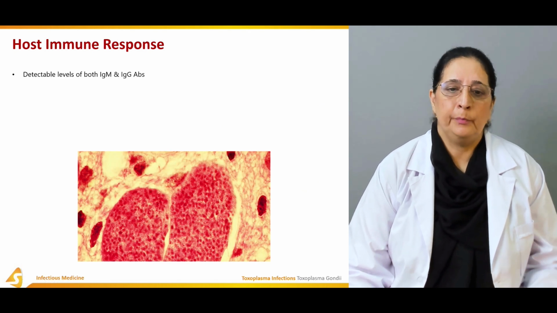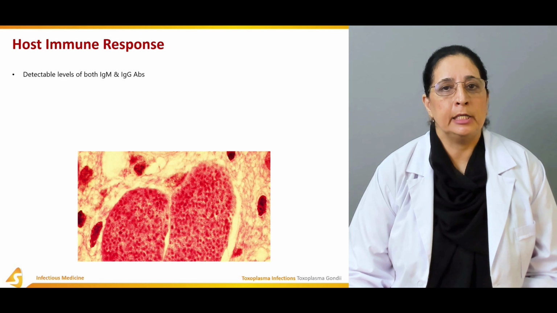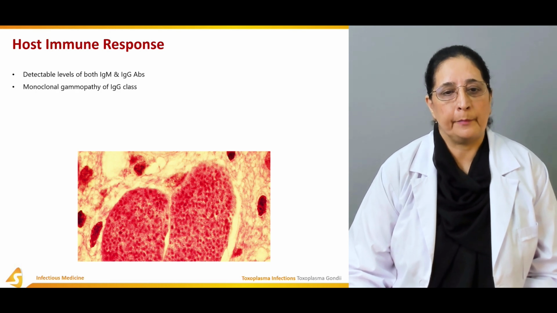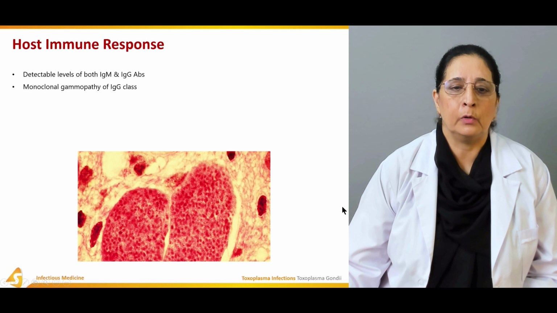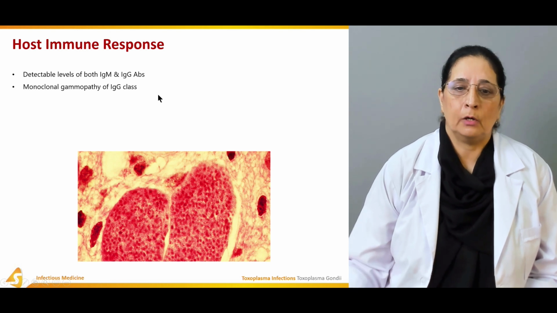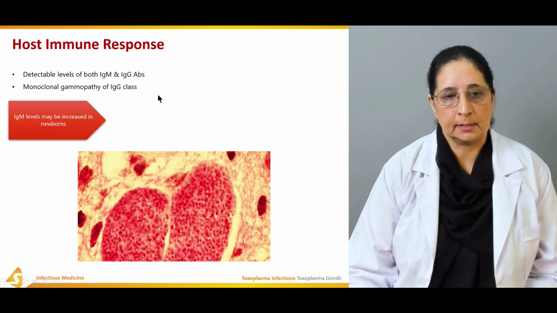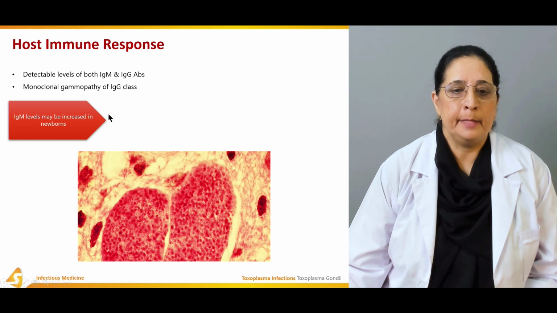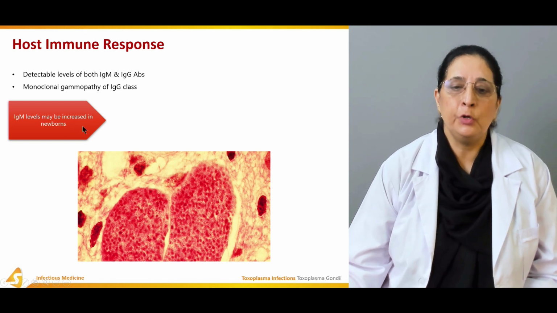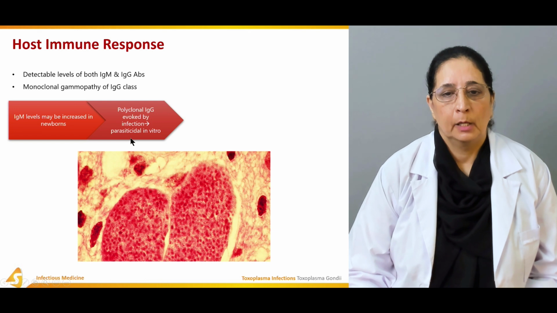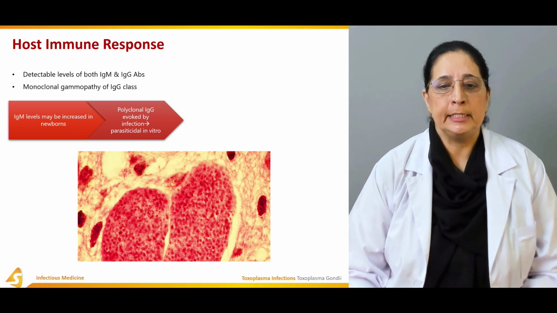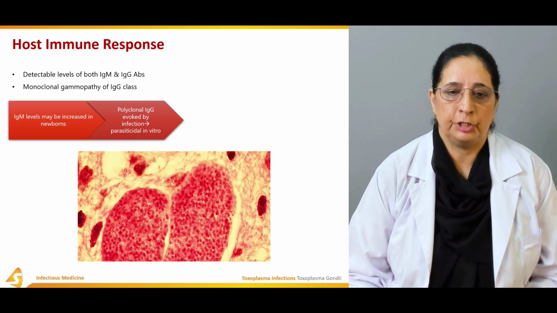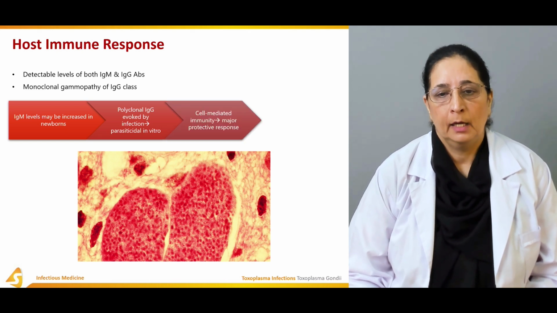Detectable levels of both IgM and IgG antibodies are present, and we have monoclonal gammopathy of the IgG class. IgM levels may be increased in newborns. Polyclonal IgG is evoked by infection, which is parasiticidal in vitro.